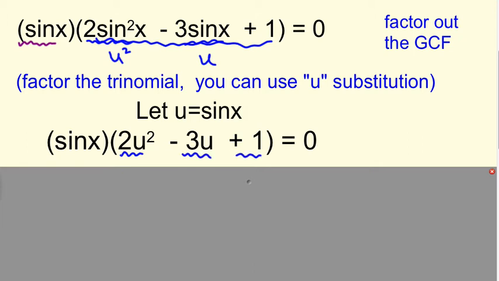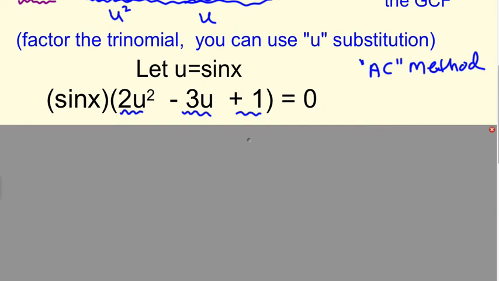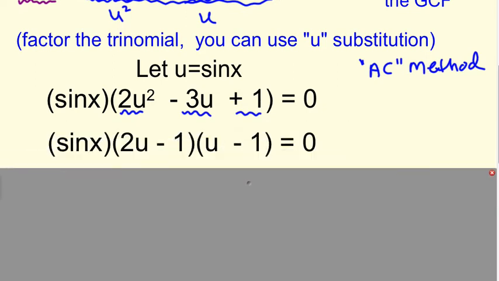Now we've already taught you the AC method of factoring. In the AC method, what are the factors of AC that add to the middle term b, and then you convert that to a 4-term grouping. All right, so let's say we've done that now. We split it up as 2u minus 1 and then u minus 1.